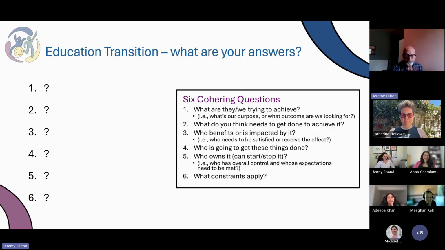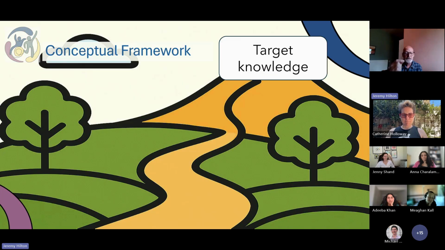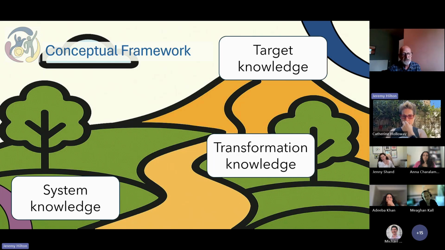So just to finish off, and thanks, Nikki, for this, we've got a pretty straightforward conceptual framework. We need knowledge of the target, what we're trying to achieve. We need to understand the system and have knowledge of the system to achieve it, but also we need to know how we're going to transform the system to achieve the target.